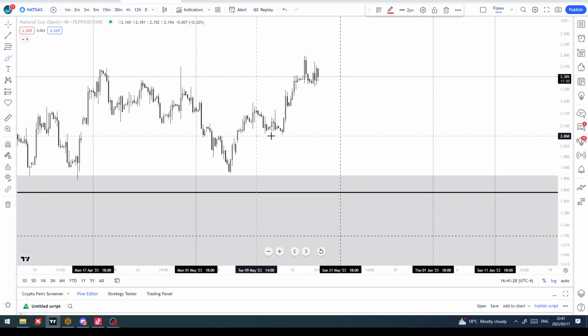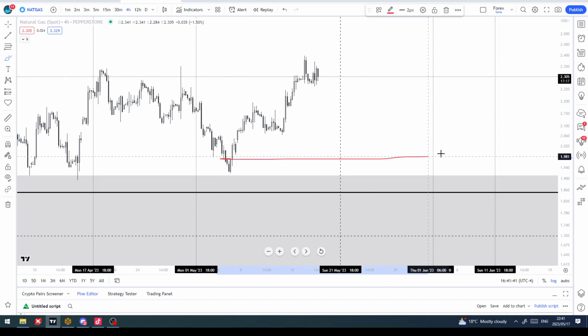These lows most likely get taken out when it does come down, and you have an order block and FVG inside here. So anything at $2 you should be playing whenever it gets back here.